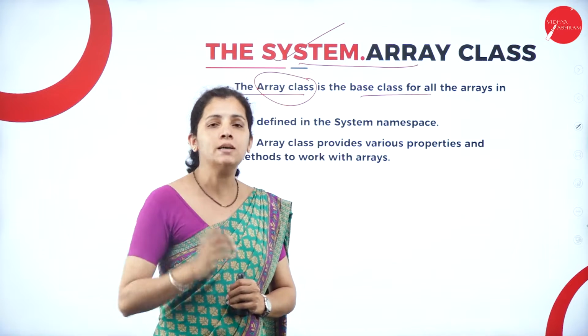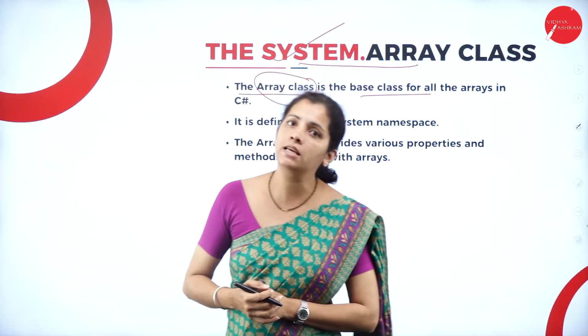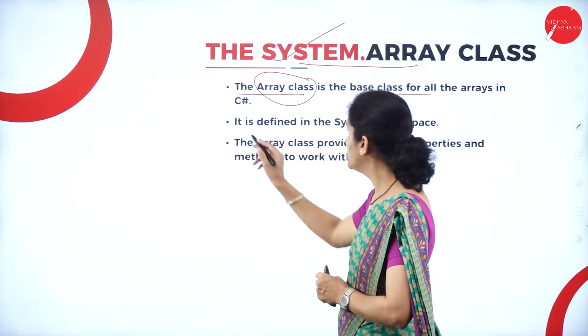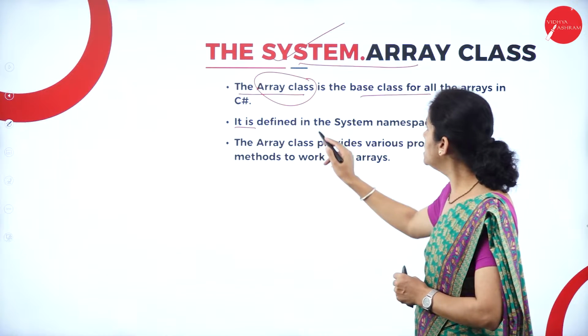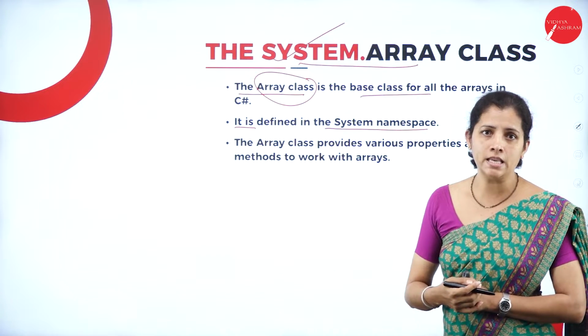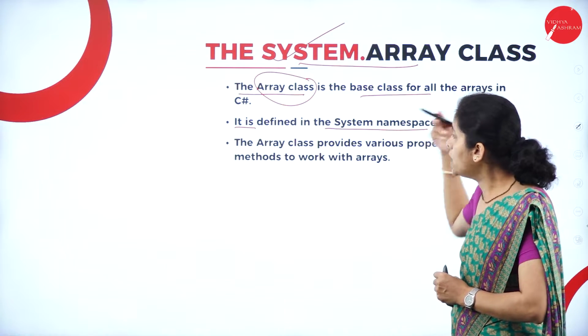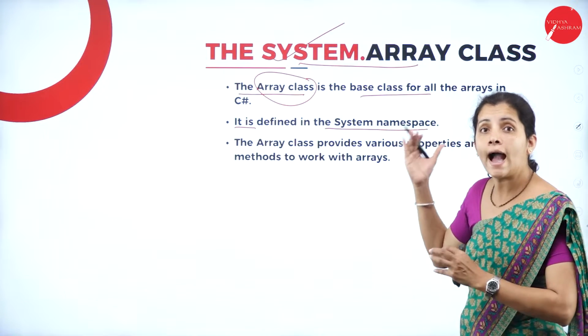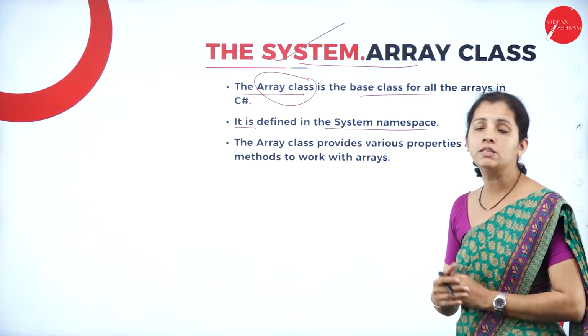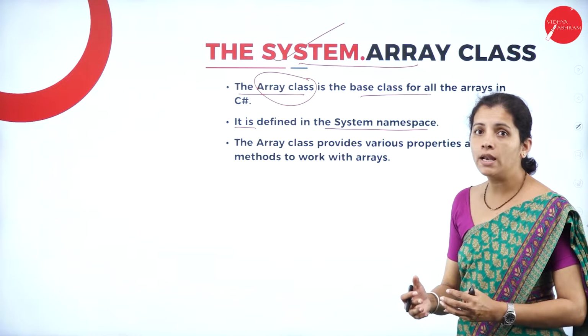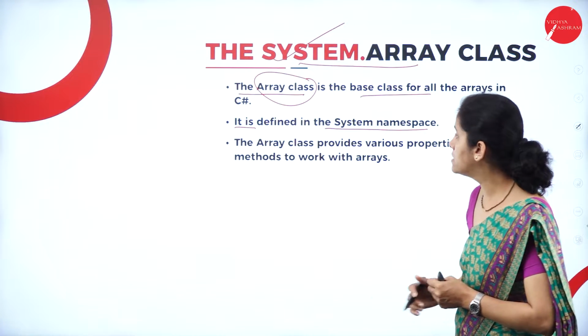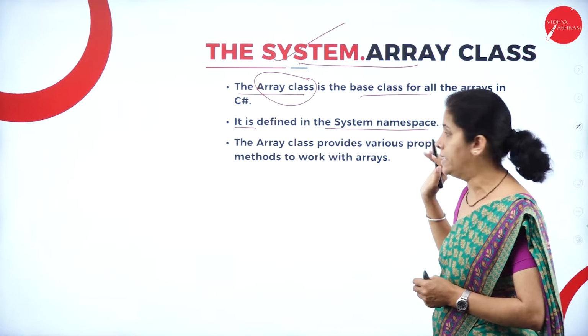Now what is System here? System is nothing but the namespace. It is defined in the System namespace. So what this System namespace includes is methods as well as data members as well as properties.